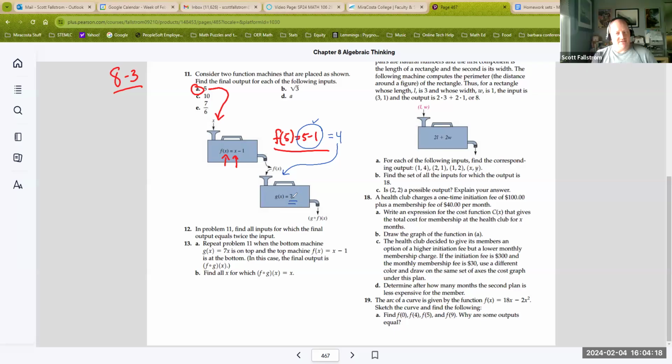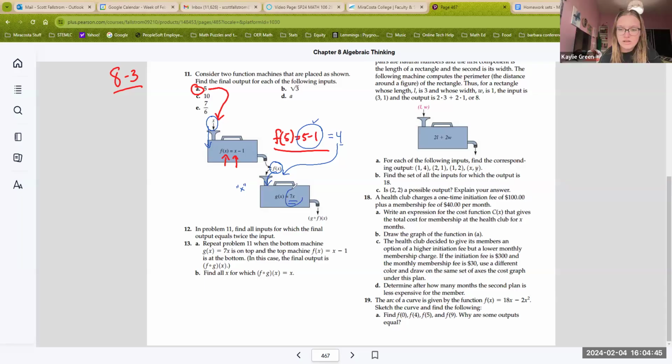Now, x, this is where it gets a little confusing in math. x is the input into a function. Once we put it into a function, what comes out is truly f of x. That's the output from the function. You found it to be 4 or 5 minus 1. And then once we plug that into this new one, we can think of the new input here as being like a new x.